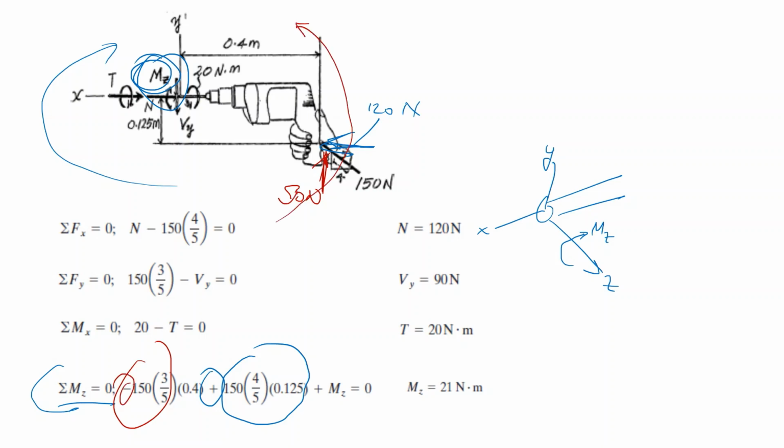It has a negative sign, so if you solve for Mz, you find that Mz is 21 Newton meter.